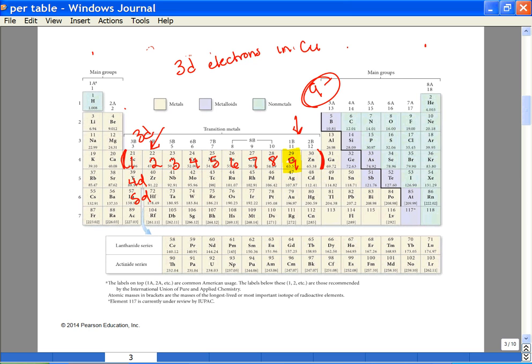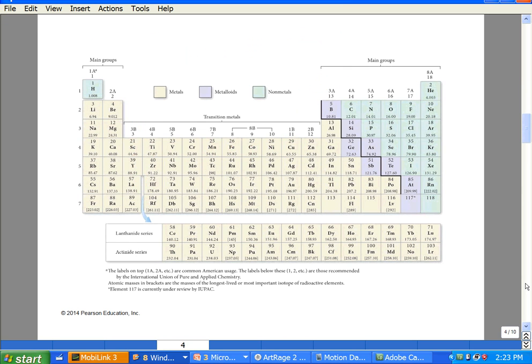Now, moving on to 49. 49 asks us to name an element in the 4th period of the periodic table that has, and it lists the different things that it wants us to name. Okay, and the first one is 5 valence electrons.